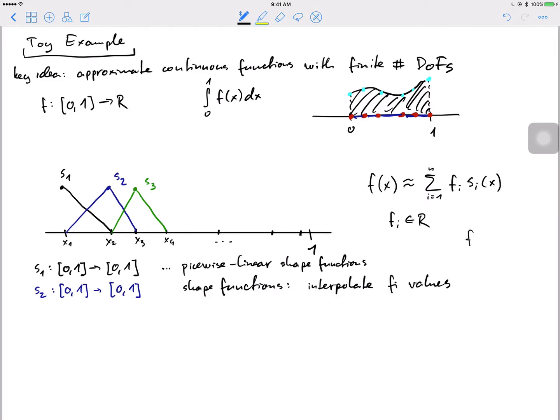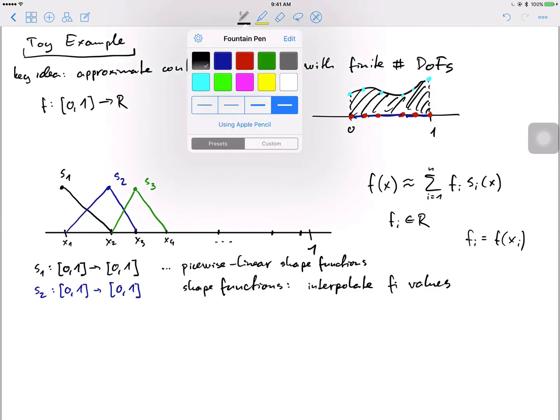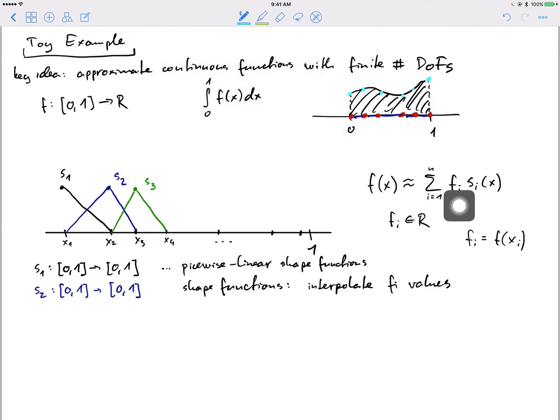And then I could just say that fi is really nothing but the sample of f at xi, right? And if I do this, then this linear combination corresponds exactly to piecewise linear interpolation, okay? So these dots here are the samples of my function. Those are the f(xi)'s. And then this thing here is just connecting them with lines, okay? Super simple. So I connect all these with line segments.